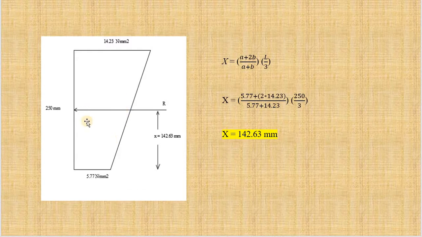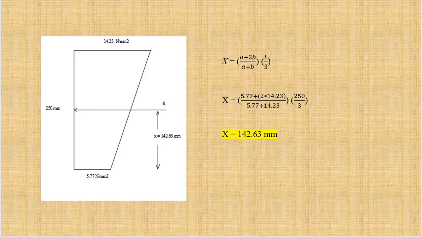Again the same formula, and be careful with the L value. Here L value means it's the depth. A value means stress at the bottom, B value is stress at the top. So the X value is 142.63 mm. This is where the pressure line is lying for the central span.